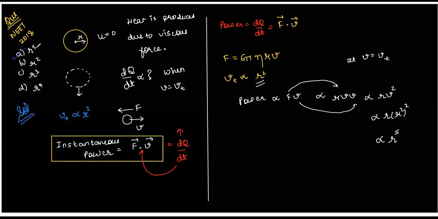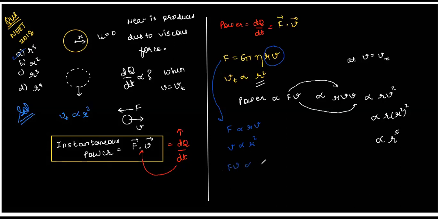Easy? Atul, clear? Sir, can you explain that last step again? See, all I did is I know from this expression that power is depending upon r and v, and velocity is depending upon r square. So I want to find out what their product depends on.